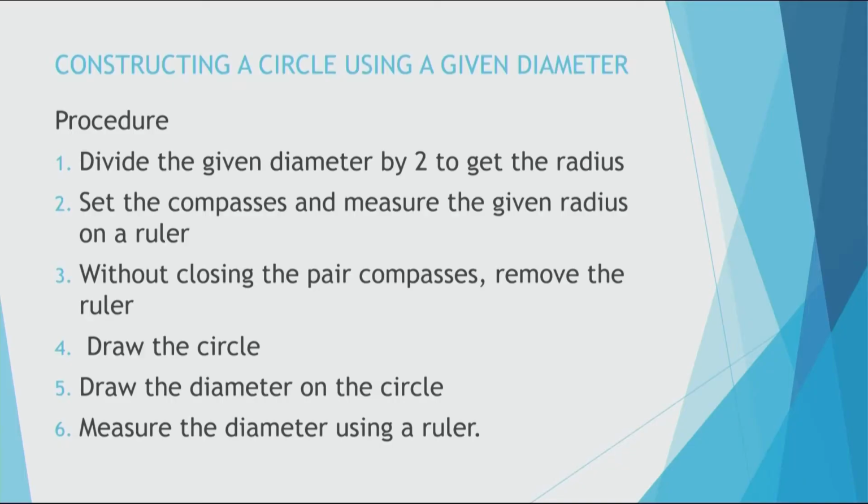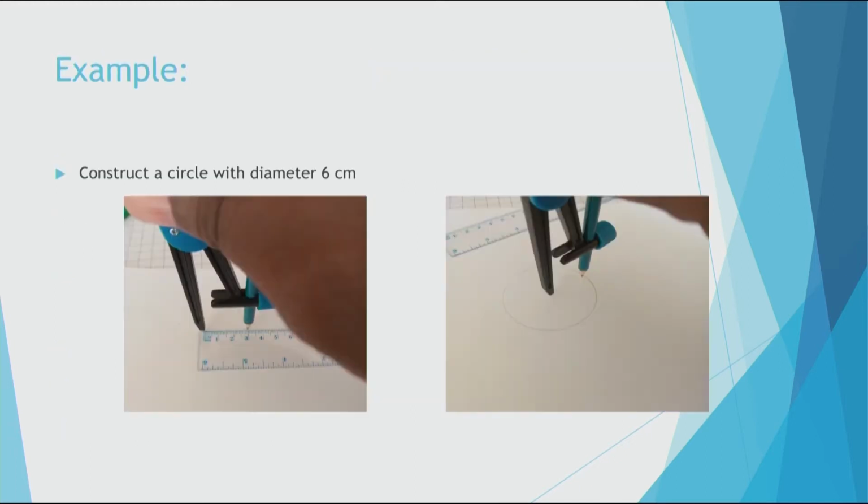So without closing it, you remove the ruler and then draw the circle on the paper. Then you measure the diameter. So first you divide that radius by 2. If you have 10, it is half of 10, which is 5.